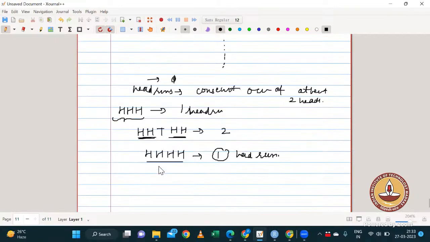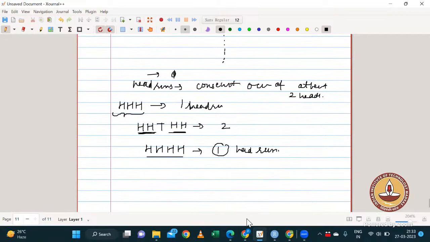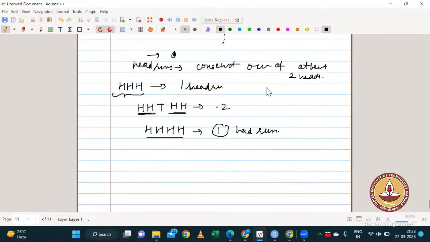Is it clear now? Sir, but the possible ways of two consecutive heads are like... No, don't consider this. This is not the meaning.